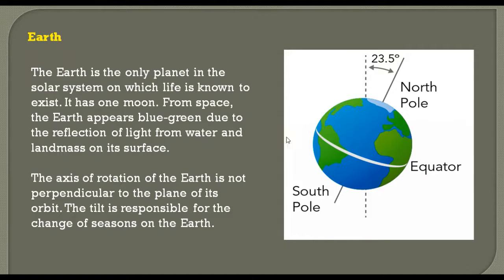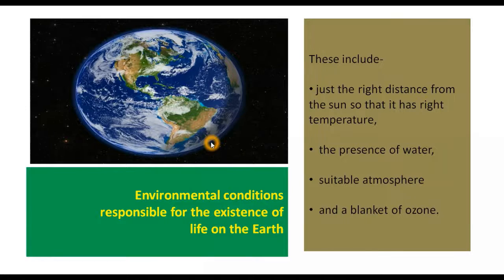So I told you that it's the only planet on which life exists. Now, the two major factors which are responsible for the existence of life on Earth are the distance of the Earth from the Sun and the size of the Earth. Let's discuss the environmental conditions that are available on Earth which are responsible for the existence and continuation of life on Earth.